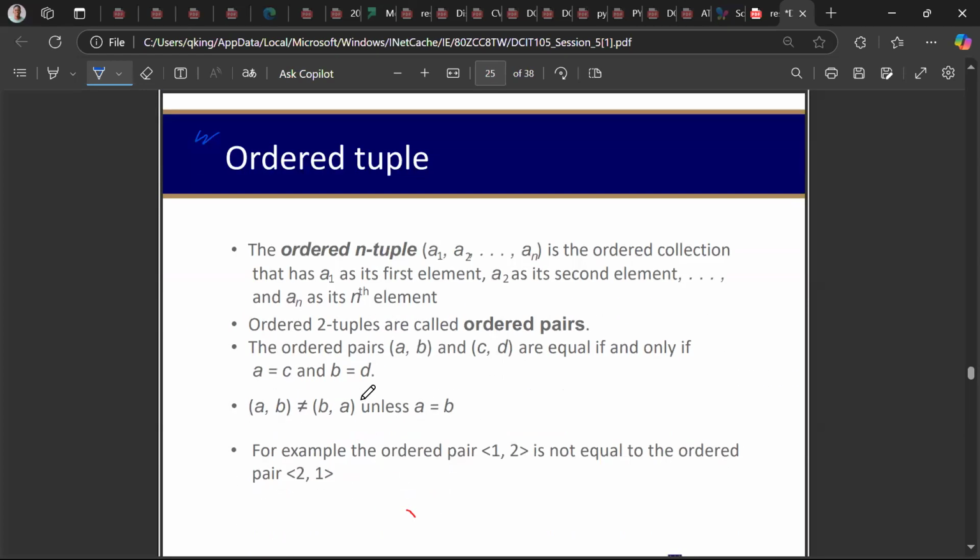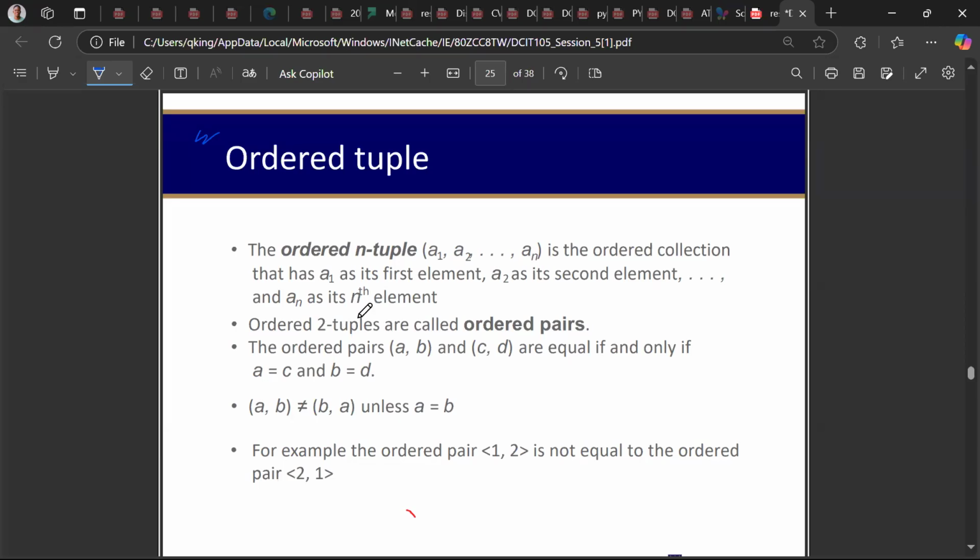All right. So we want to look at the ordered n-tuple. The ordered n-tuple is the ordered collection that has a_1 as its first element, a_2 as its second element, and a_n as its nth element.